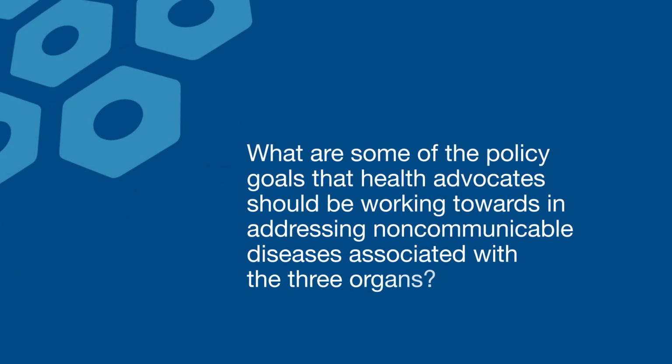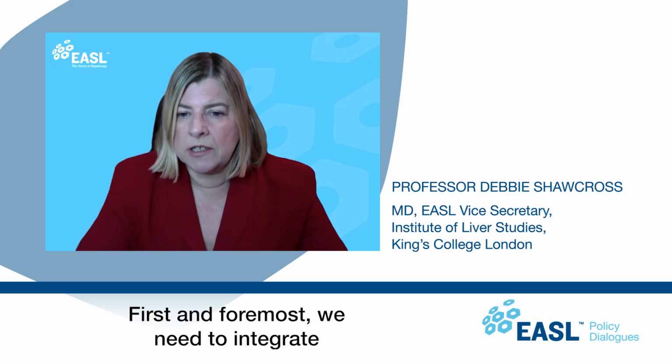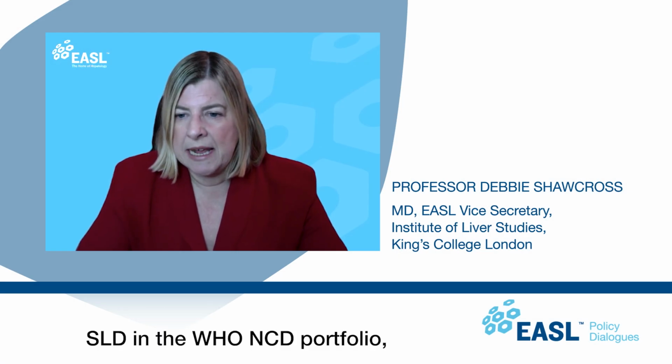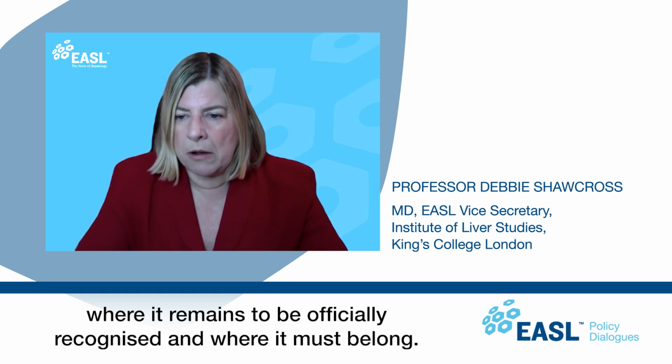What are some of the policy goals that health advocates should be working towards in addressing non-communicable diseases associated with the three organs? First and foremost, we need to integrate SLD in the WHO NCD portfolio, where it remains to be officially recognised and where it must belong.